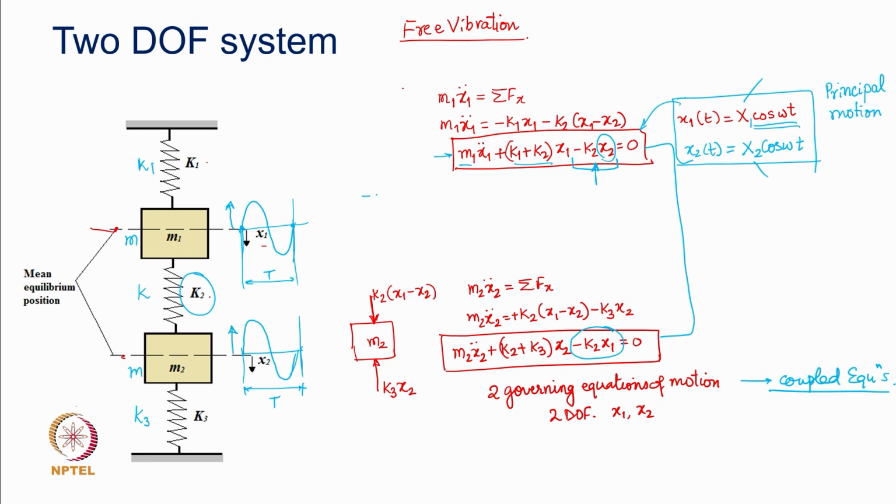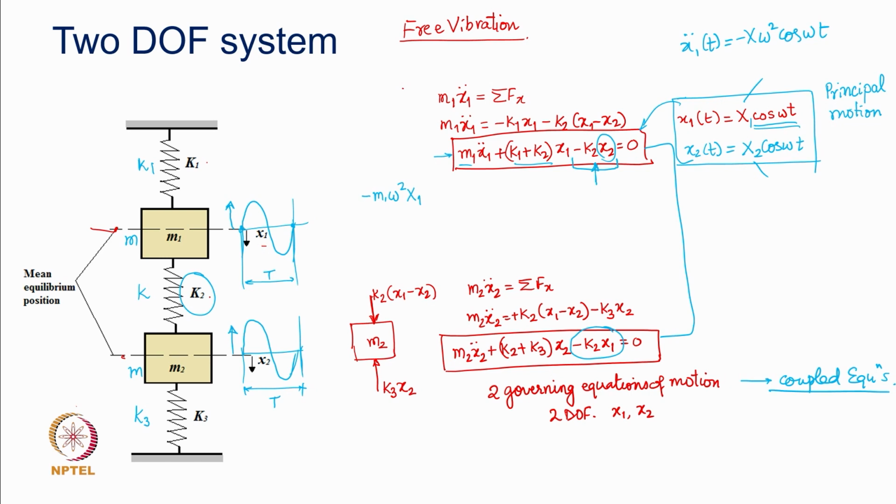So, minus m1 omega square capital X1 cos omega t, because when you take the second derivative, X1 double dot of t would be capital X1 minus omega square cos omega t.